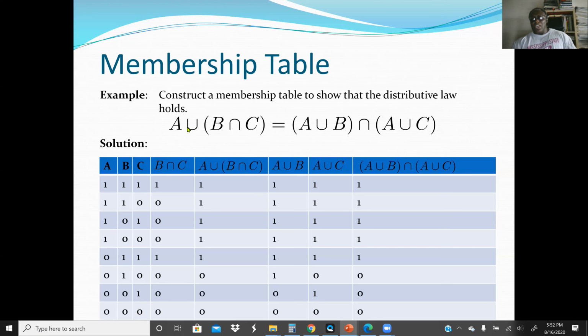Then we find A union B intersect C, and also A union B intersect A union C. Then if the outcome is the same, we say we prove it. This is the quickest and easiest way to prove if two set expressions are the same.